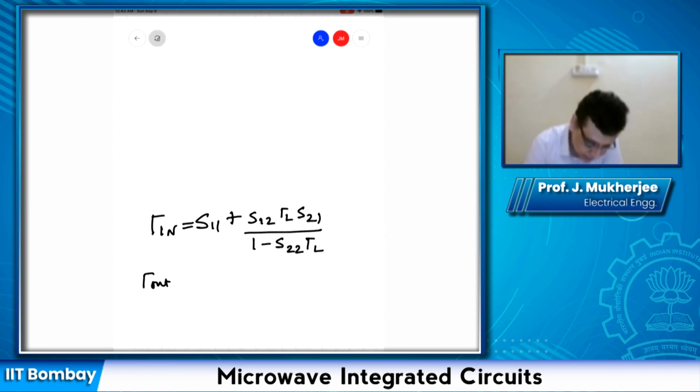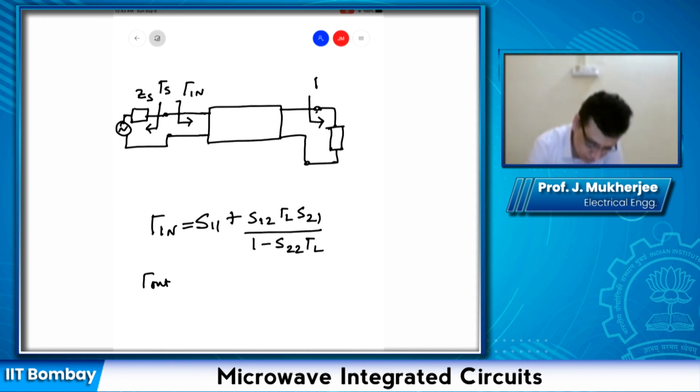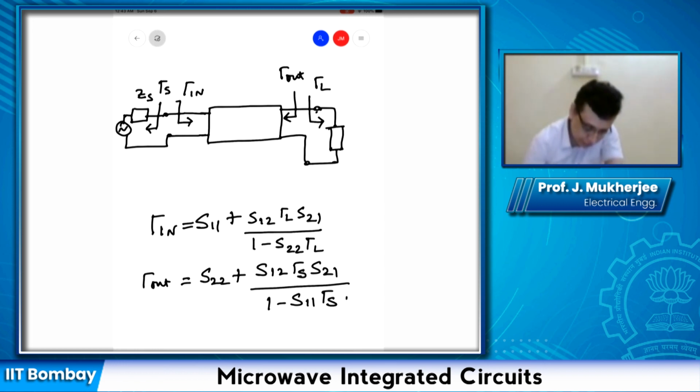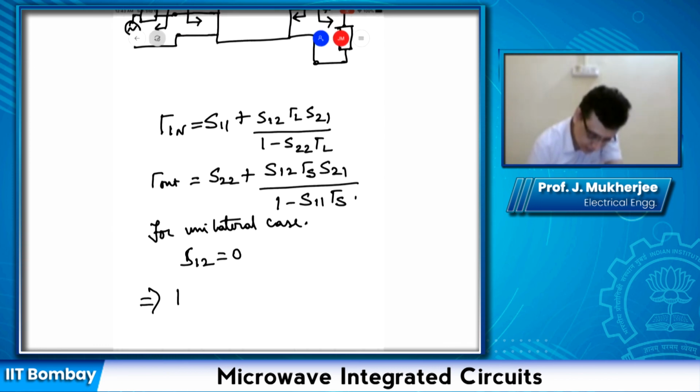So again, if I draw the two-port network once again, gamma out is given by this. But for the unilateral case, we know that S12 is 0, so gamma in is simply equal to S11 and gamma out is simply equal to S22.